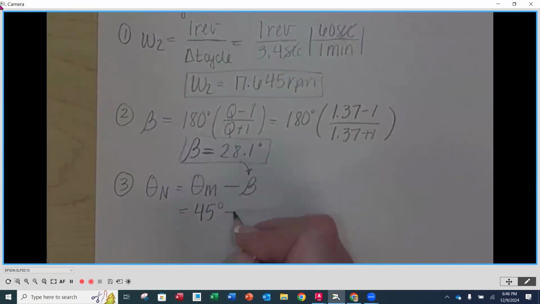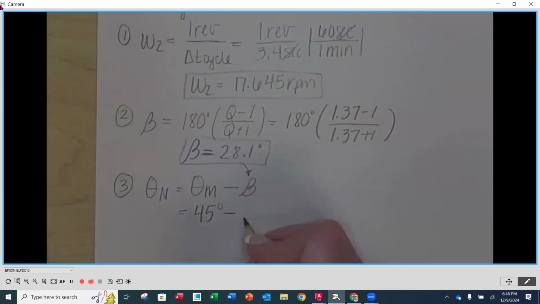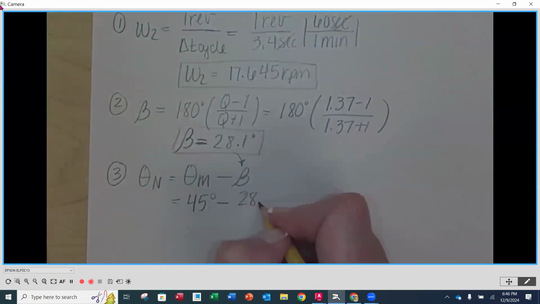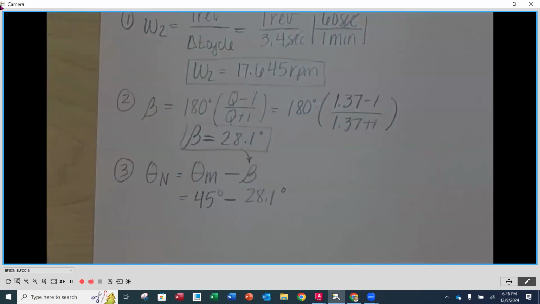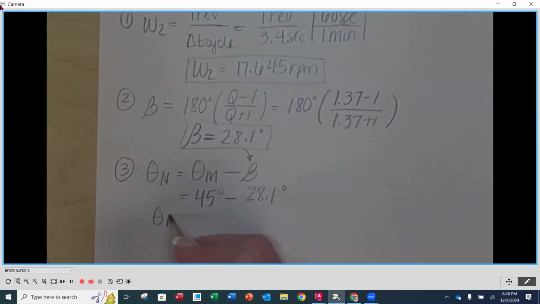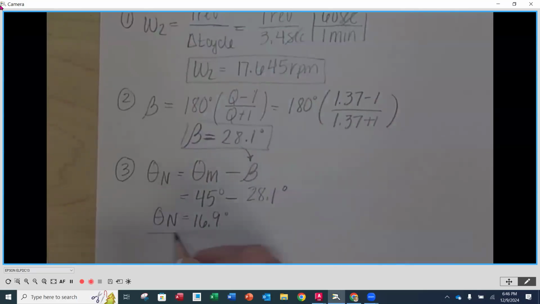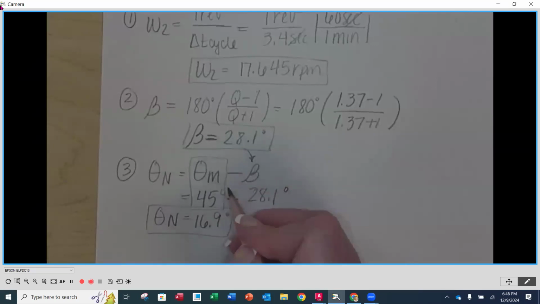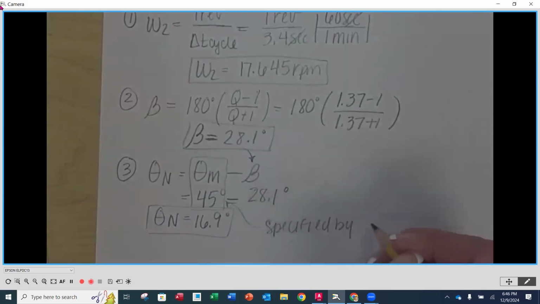Again, starting anywhere between about 30 and 50 is a good place to start. And minus beta, which is my 28.1 degrees. So my theta N should come out to be 16.9 degrees. So this number and this number, remember, are specified by the designer.